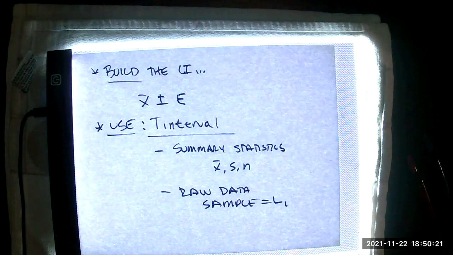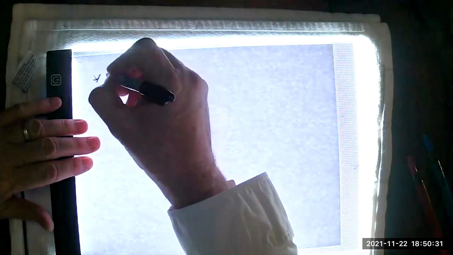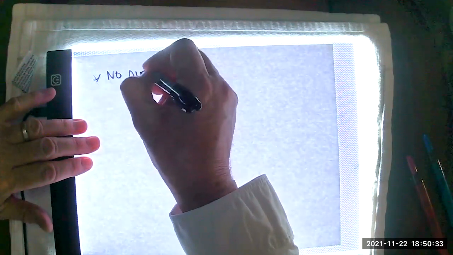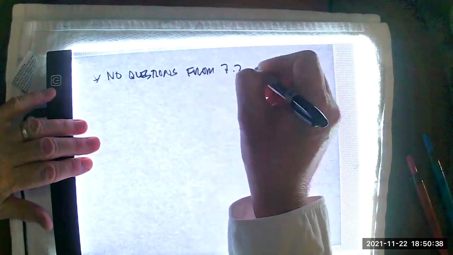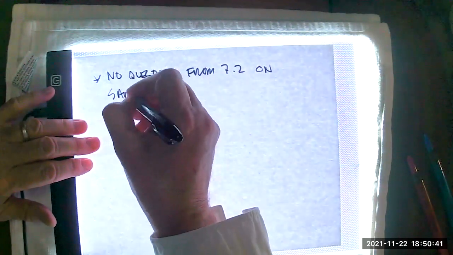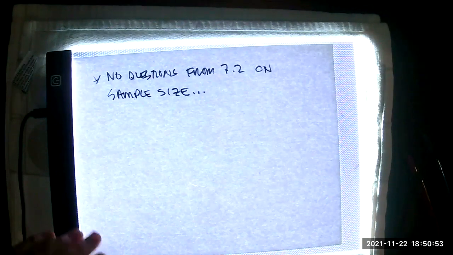So that's really pretty much it as far as the 7.2 material goes. I will note that in section 7.2, there will be no questions on sample size. You'll note that there is a formula but I haven't discussed it and I don't use it. I really restrict my sample size issues to section 7.1. So there's your chapter 7.